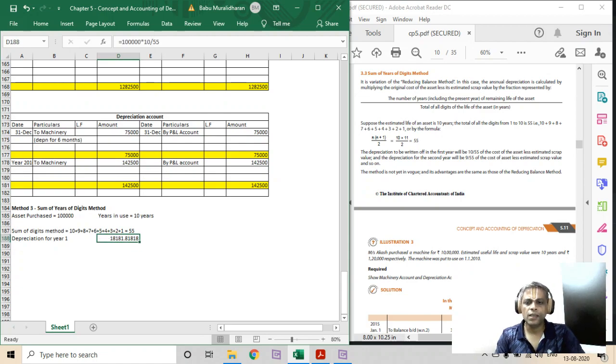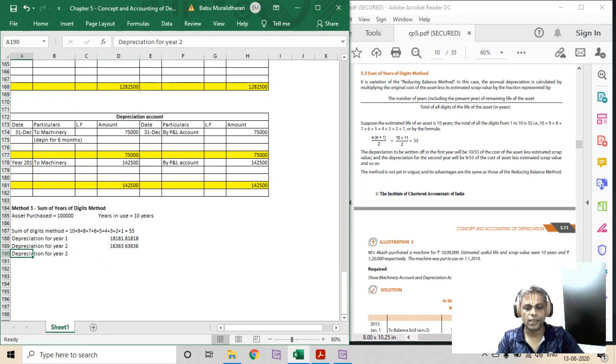Depreciation for year 2 will be 1 lakh into 9 by 55. 16,363 will be charged in year 2.